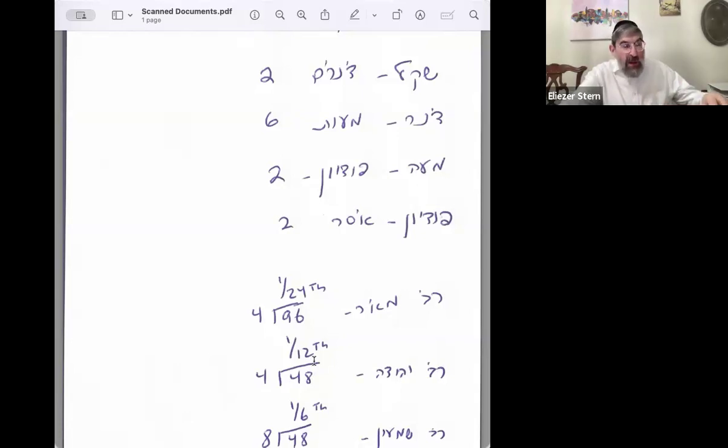Finally, Reb Shimon says, shmoina pudyanos, 8 pudyanos, shnei pudyanos ledinar. So what is that? You have 48. The relationship between the pudyan and the dinar is 48. And 8 into 48 is a sixth.